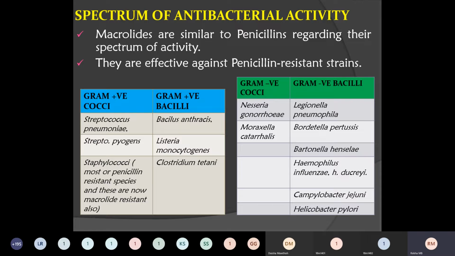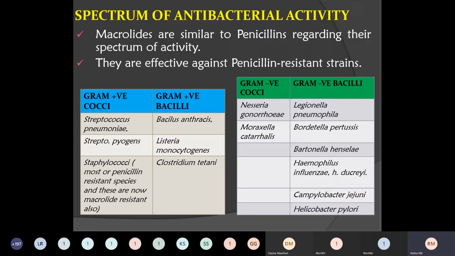Coming to the spectrum of activity, the macrolide spectrum is quite similar to penicillin. They are mainly effective against gram-positive organisms and a few gram-negative organisms. Under gram-positive cocci, it is effective against Streptococcus pneumoniae, Streptococcus pyogenes, and a few staphylococci. Under gram-positive bacilli, it is effective against Bacillus anthracis, Listeria monocytogenes, and Clostridium tetani.